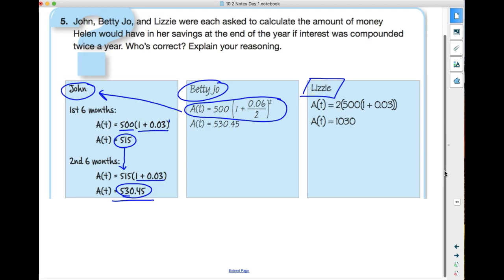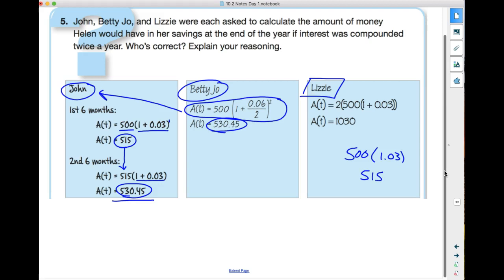Betty Jo knows a little bit more about interest formulas than John does. I'll explain this in a minute, but she came up with the same amount. Lizzie says, hey, if I take my $500 times 1.03, what she's doing is finding John's first calculation of $515.